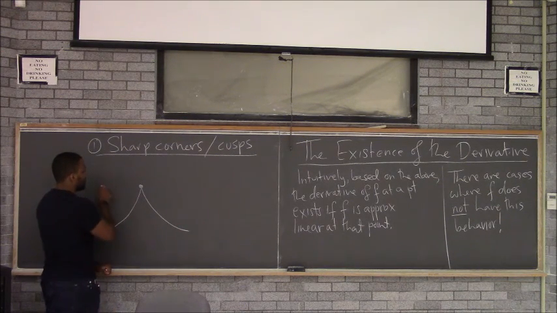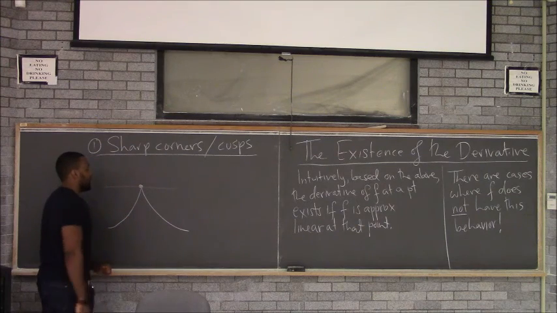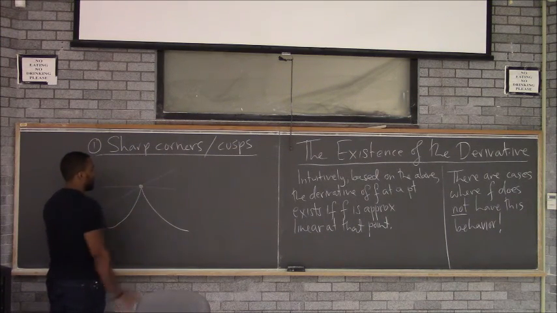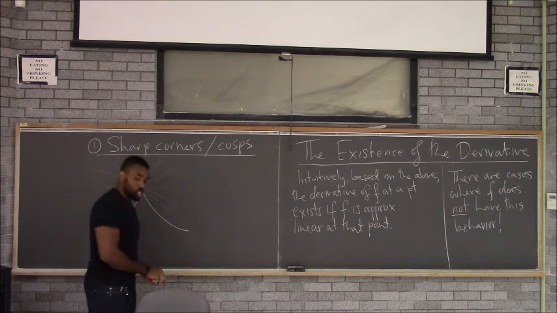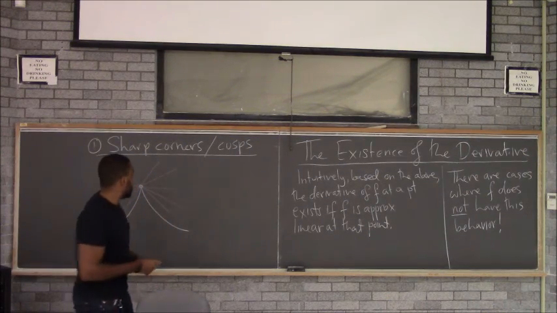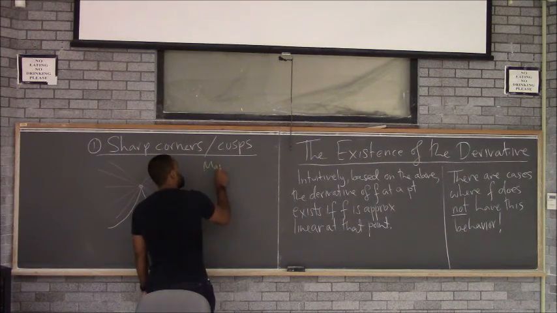We know that the tangent line should actually touch the curve. There's a line that touches the curve. I can draw another line that touches the curve at that point, and another. I can find tons of lines that touch the curve. Infinitely many, in fact.